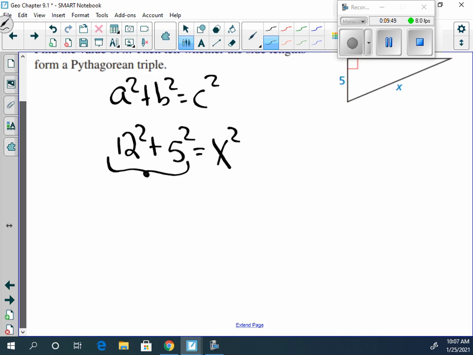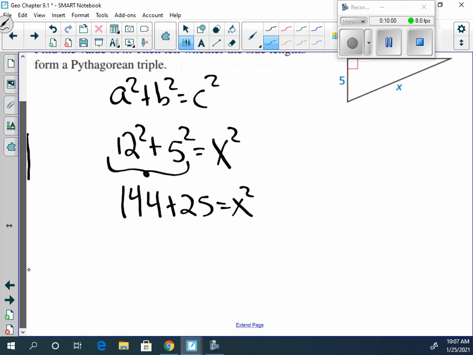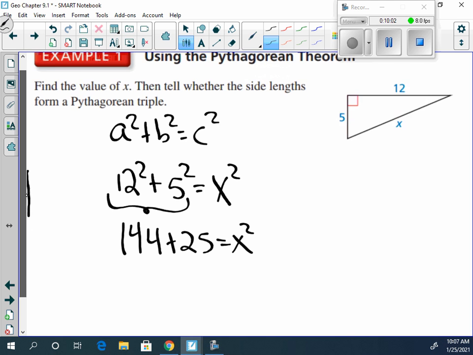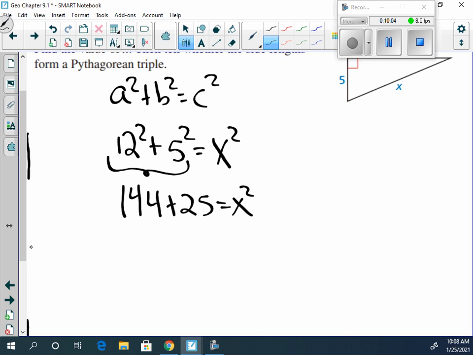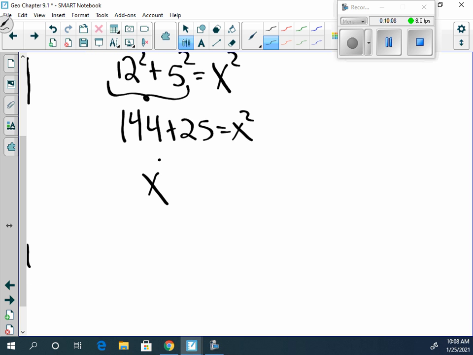Now, 12 squared is 144. 5 squared is 25. So we get this here. Now 144 plus 25, if we add those together, we're going to get 169.